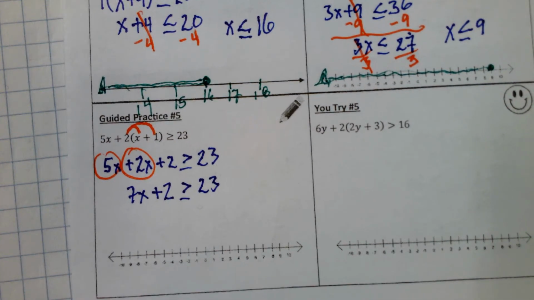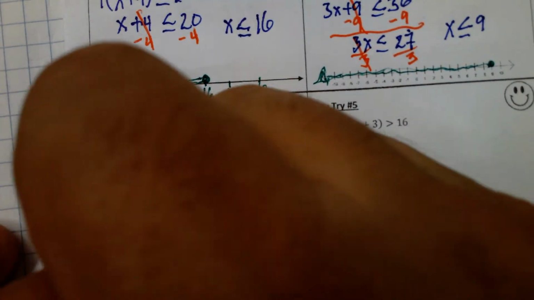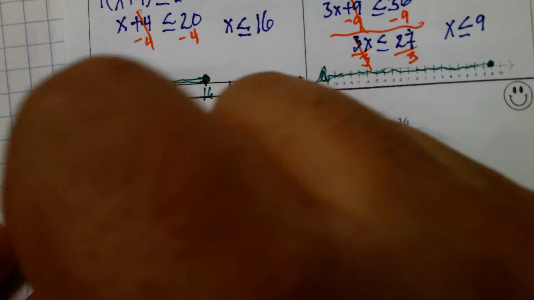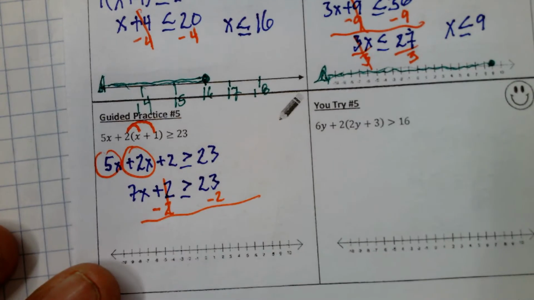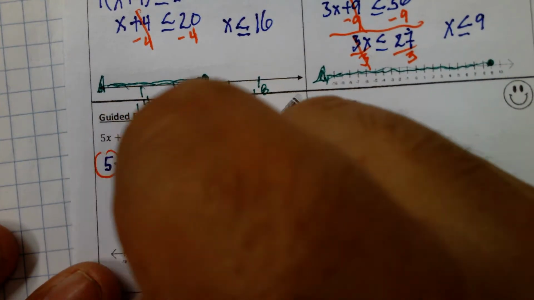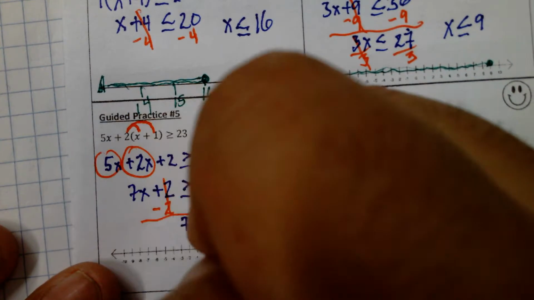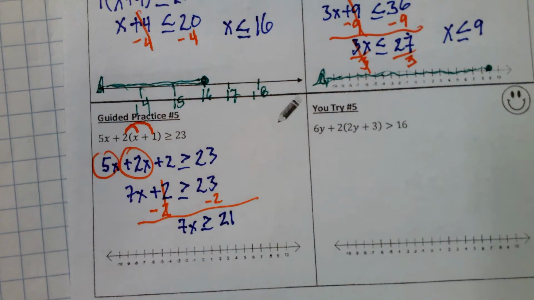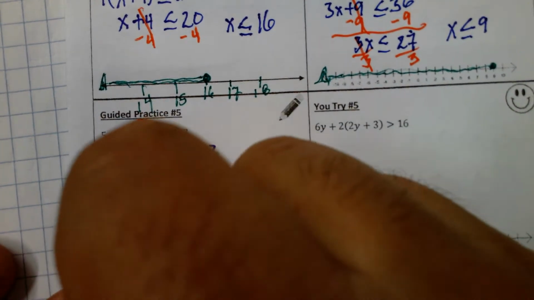And then let's get rid of the 2. That's going to give us 7x is greater than or equal to 21. Divide that by 7.